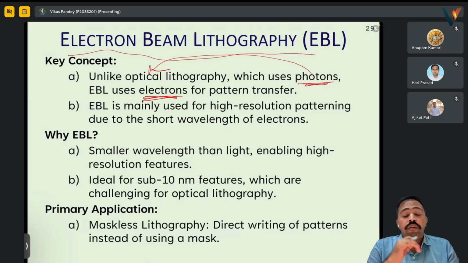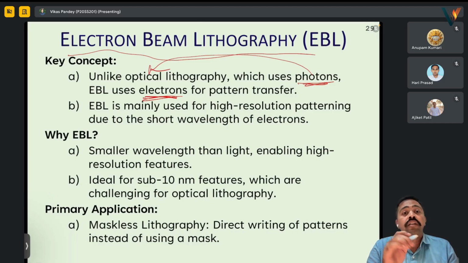But if you are going for very small feature sizes, say 1, 2 nanometer, 5 nanometer, 10 nanometer, then electron beam lithography can be a better option.